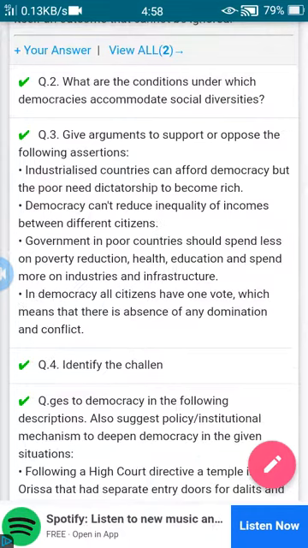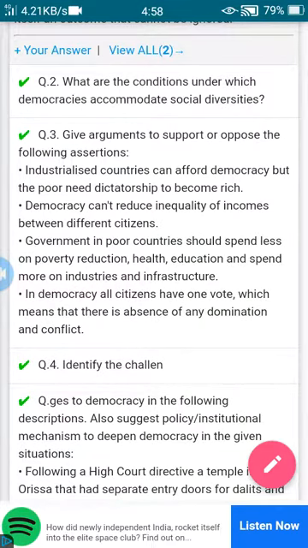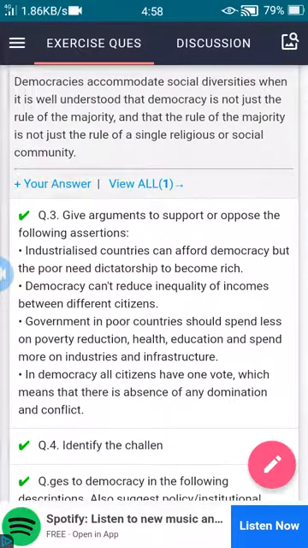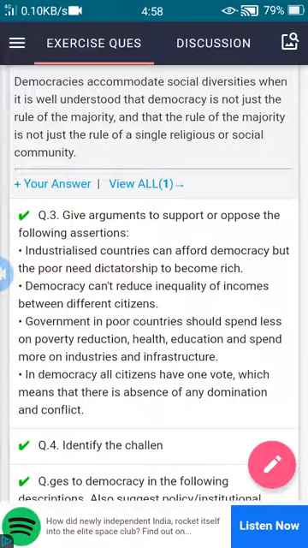Second question, what are the conditions under which democracies accommodate social diversities?